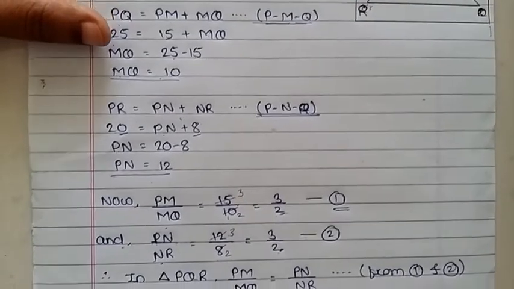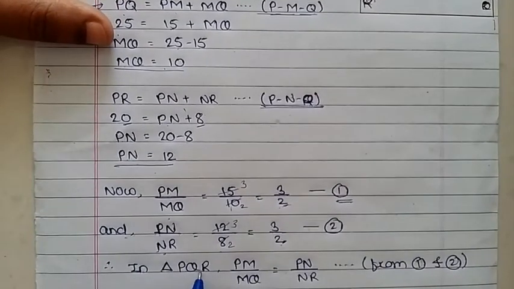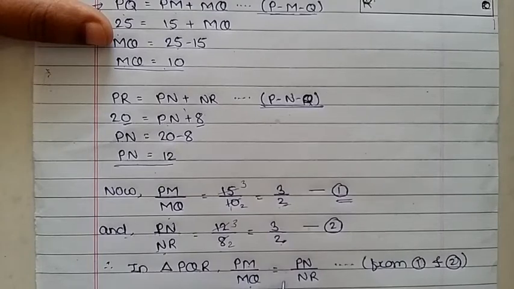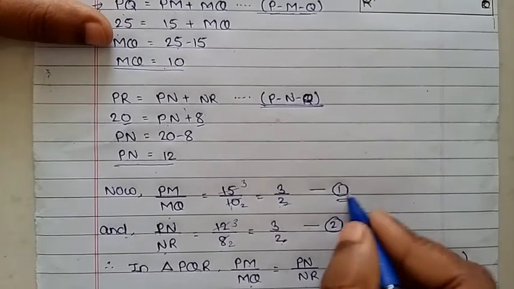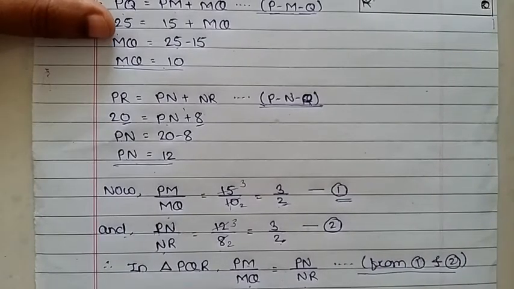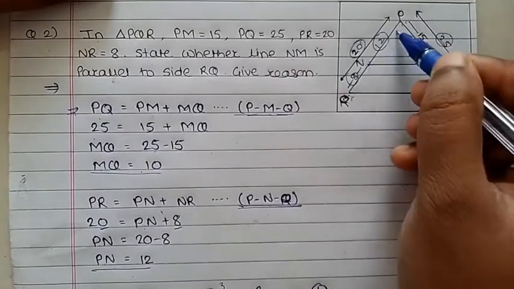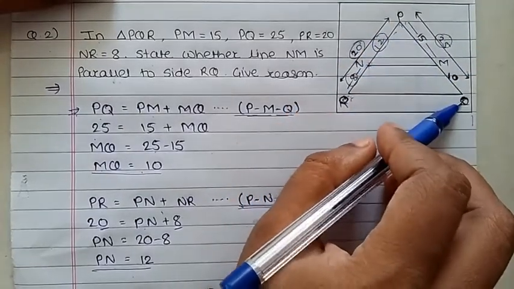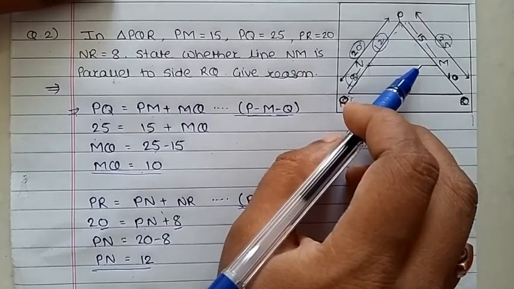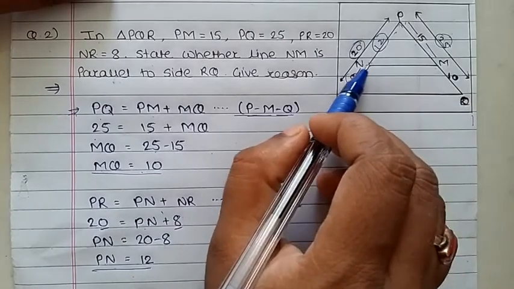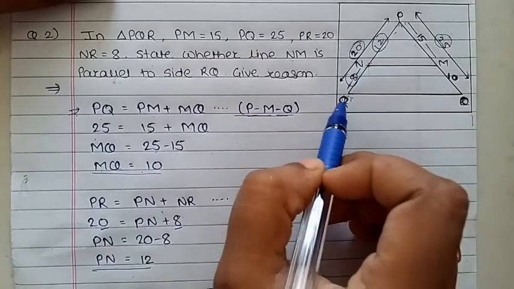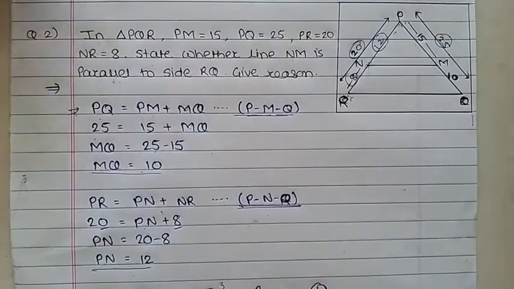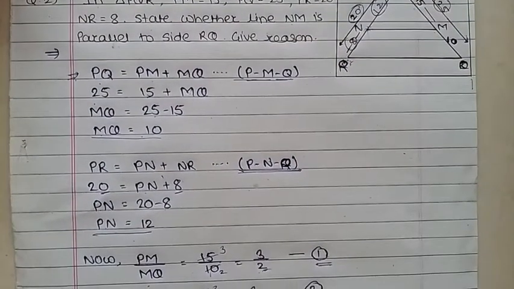So we can write that in triangle PQR, PM upon MQ is equal to PN upon NR, from equations 1 and 2. When the ratios of the sides are equal, we can say that the line NM is parallel to QR, because of the converse of the basic proportionality theorem.